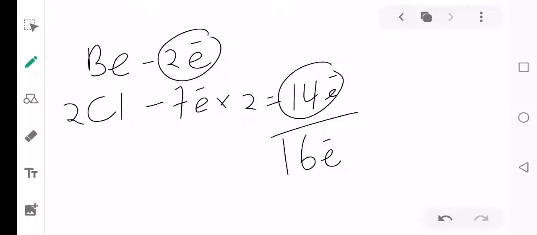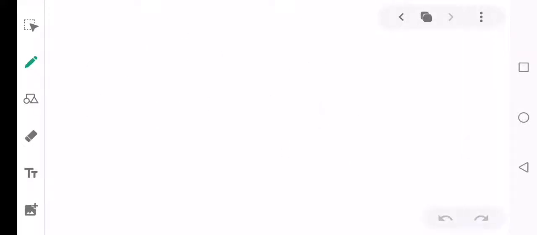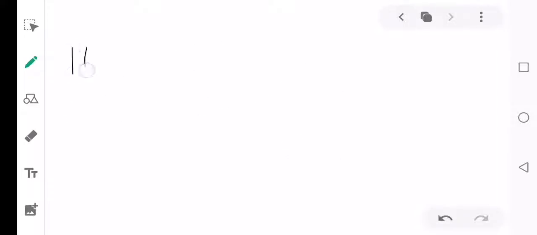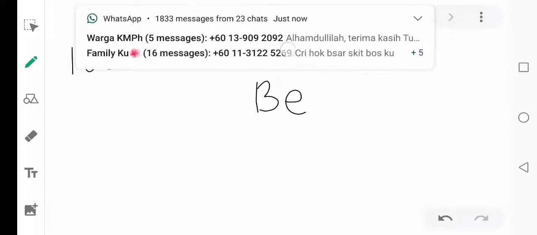Alright, now we want to set up the Lewis structure, and the total is 16 electrons. Secondly, you will draw the central atom Be, of course. Why? Because it is less electronegative compared to Cl.